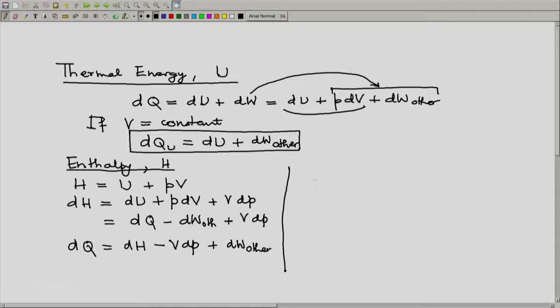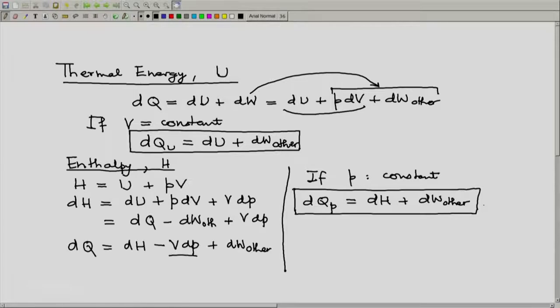And now consider a situation where P is constant. So this term drops out and then you will get dQ at constant pressure equals dH plus dW other. A relation similar to the relation which we got earlier. This is the relation at constant volume, this is the relation at constant pressure.